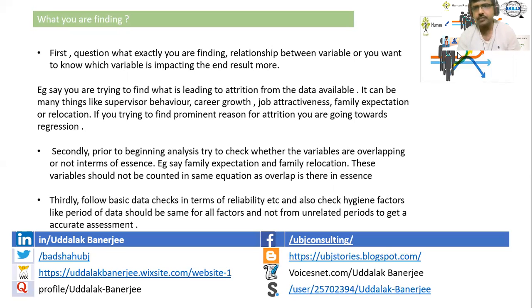If the variables are not independent, then the study of z equal to x plus y will never yield a proper solution on whether z is impacted by x or by y, because x and y are themselves correlated. So it will be a mix and match. These variables hence should be segregated, and that understanding and segregation of variables should be very elaborately planned and done.